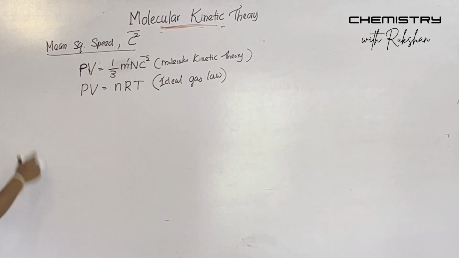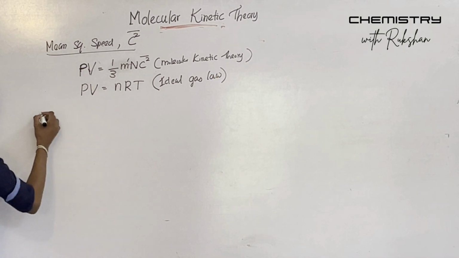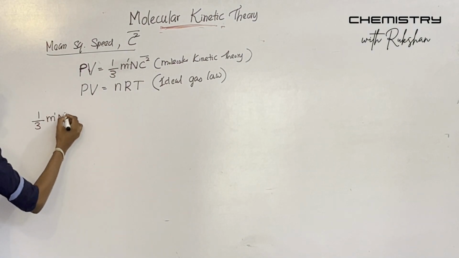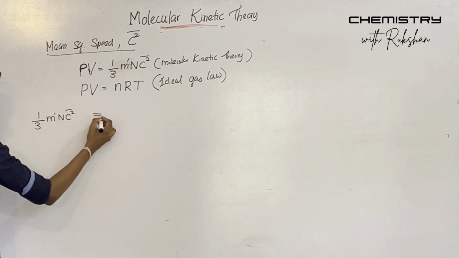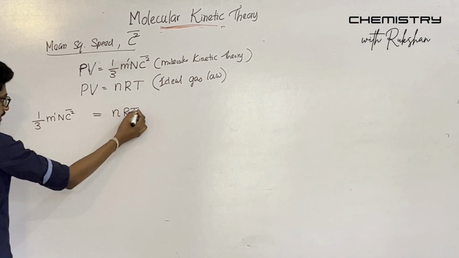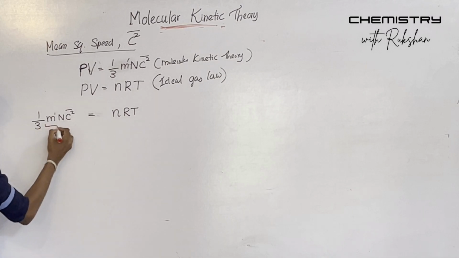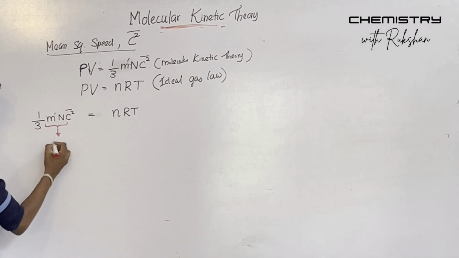If we combine these two, we get 1/3 m dash n c squared bar equals nRT. As we know, this m dash n is actually the mass of gas.